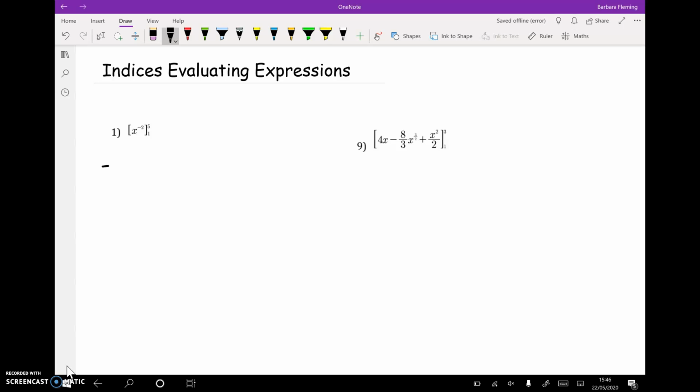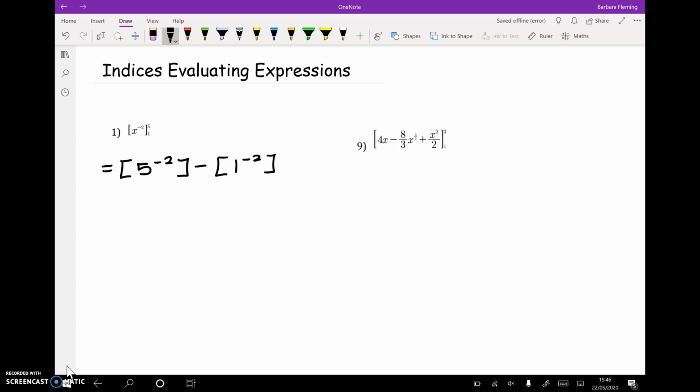So this means what we have to do is substitute in 5, so 5 to the power of negative 2, and then we take away and we substitute 1 into the expression, 1 to the power of negative 2.